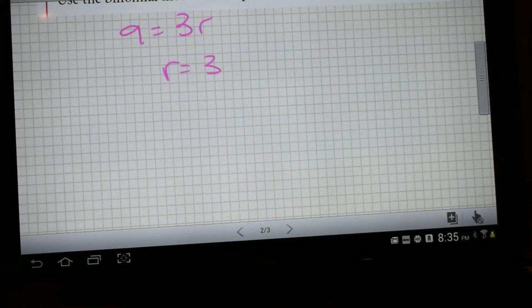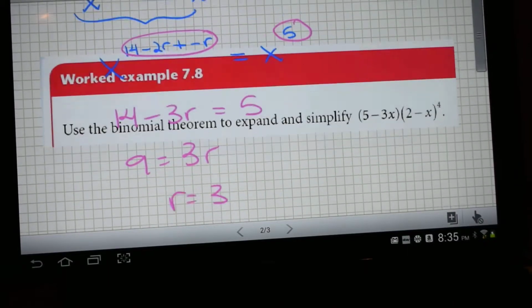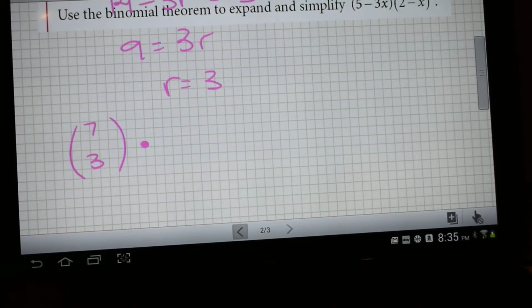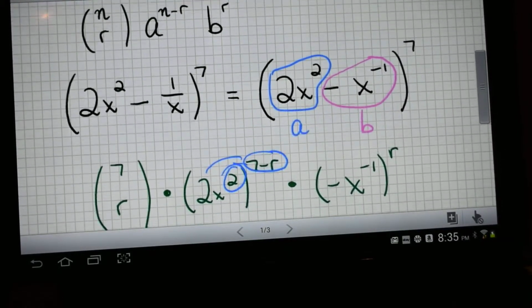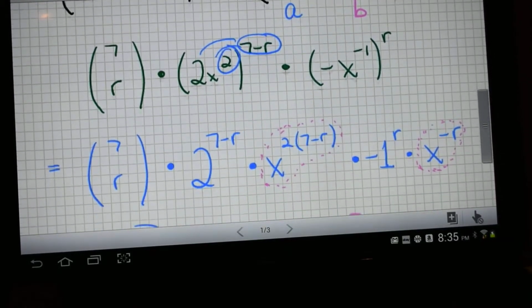So we had, I think it was 7 choose r, so 7 choose 3, times, a was, I can't remember anymore, 2x squared to the 7 minus r power.